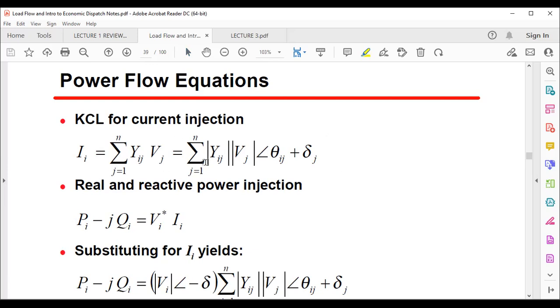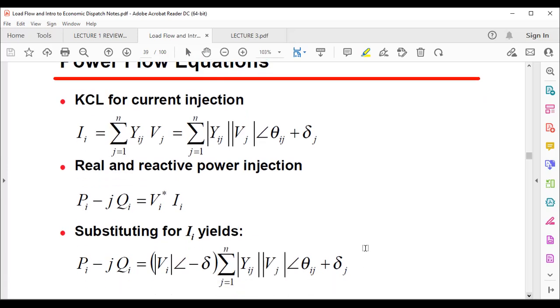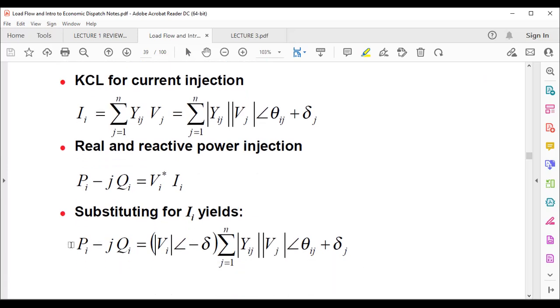Now, this is the current going out from a particular bus i. We also know that the power injection to a certain node i, Pi minus jQi, can be written as this. If we relate the two equations, we get this equation.